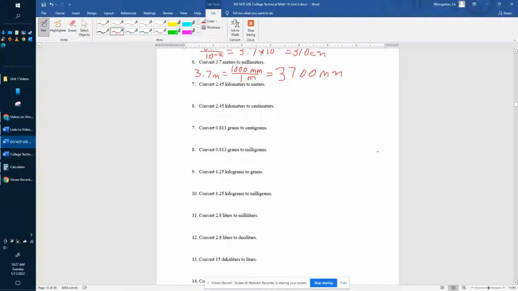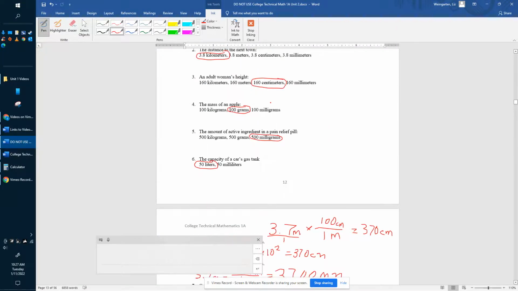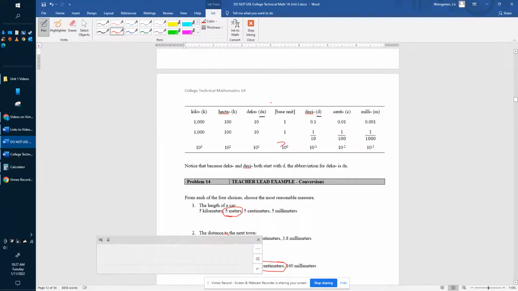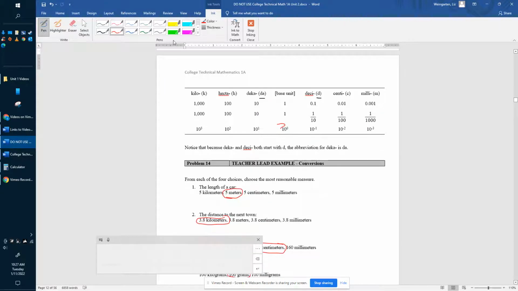Let's convert 2.45 kilometers to meters. So 2.45. How many kilometers are in a meter? Or how many meters are in a kilometer, I should say. So our base unit is going to be our meters.